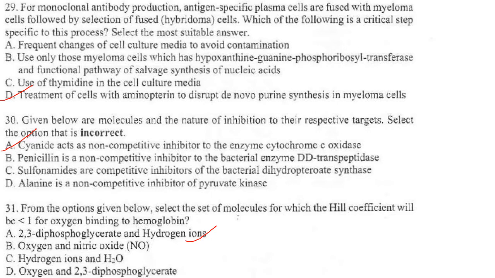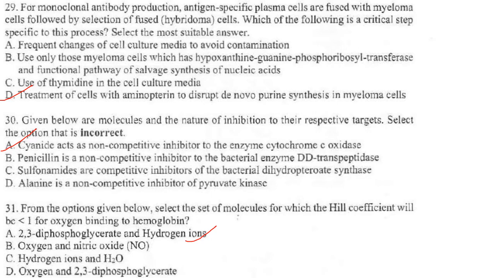Then unfused plasma cells are easily eliminated as they do not replicate in the culture medium. Then unfused myelomas. Myelomas, I told you, lack HGPRT. So in the case of unfused myelomas, aminopterin blocks the pathway that allows for nucleotide synthesis. That is, it blocks the de novo synthetic pathway.